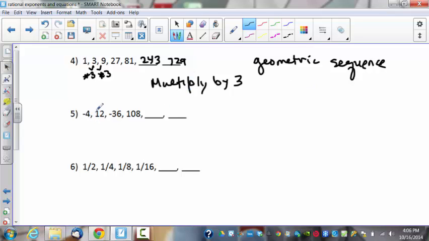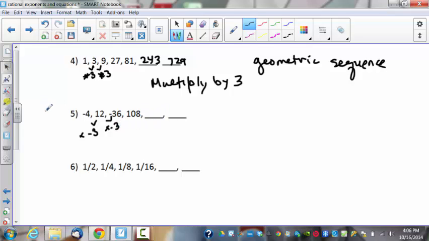Okay, here for number 5, you're multiplying by the same number, in this case 3, but the signs are changing, so you're just multiplying by a negative 3 each time, and so on and so forth.